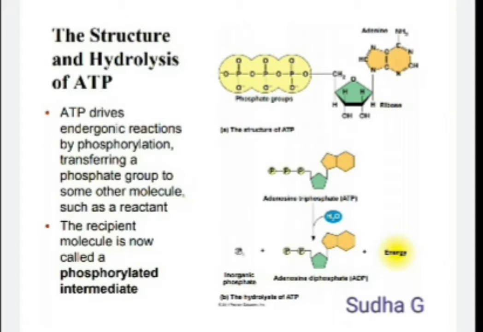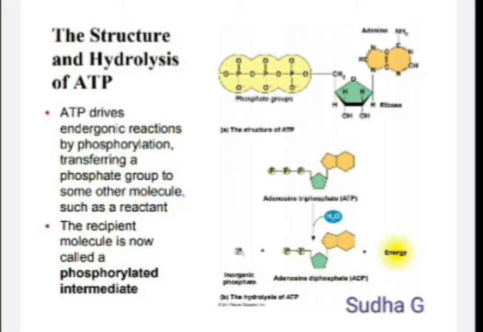In this lecture, we will summarize the bioenergetics which we have studied till now, that is, the structure of ATP and hydrolysis of ATP. Here, ATP drives endergonic reactions by phosphorylation, transferring a phosphate group to some other molecule, such as a reactant.